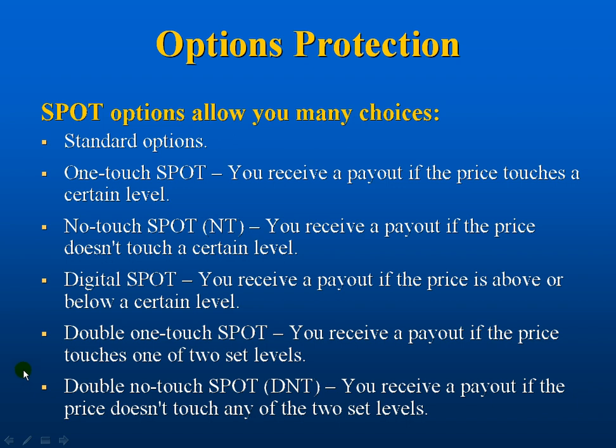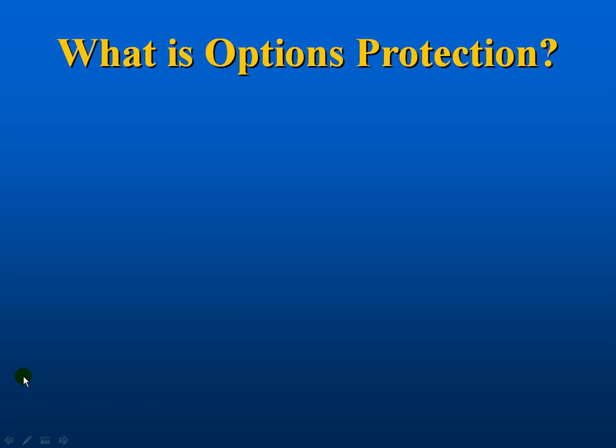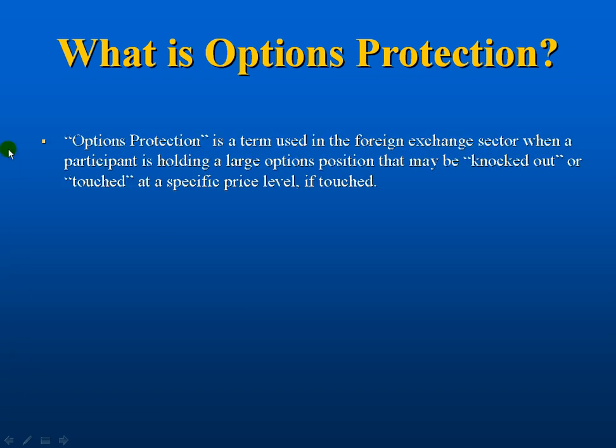And now we're going to see why some of these various options are important while we trade speculative spot foreign exchange. Options protection is a term used in the foreign exchange sector when a participant is holding a large options position that may be what we call knocked out or touched at a specific price level before expiry.